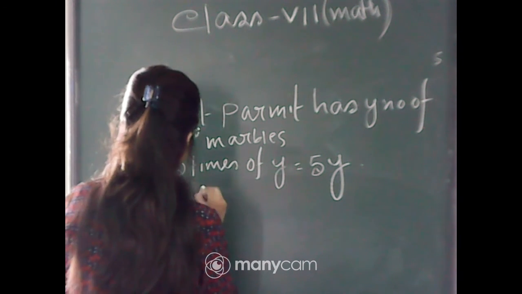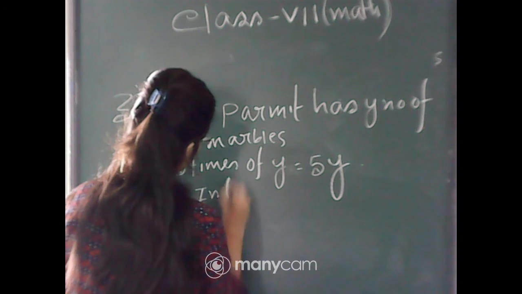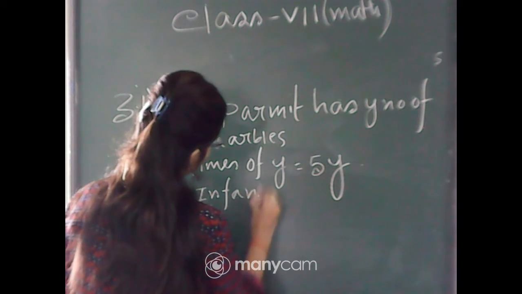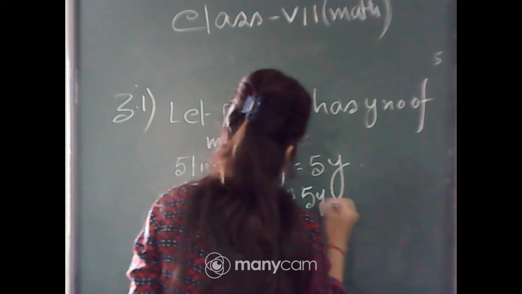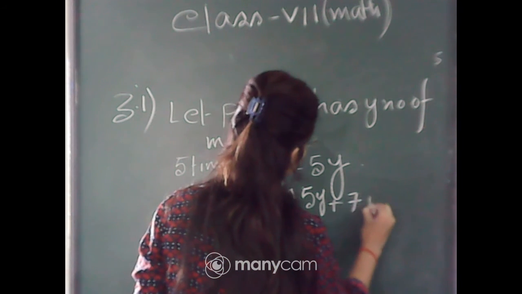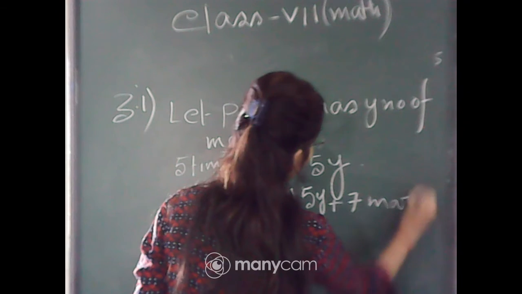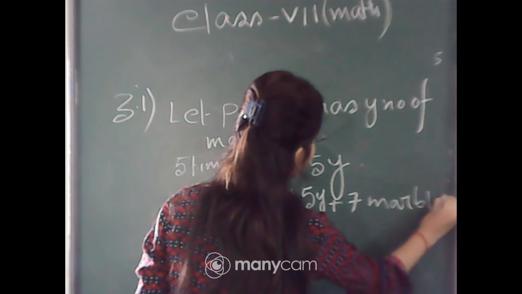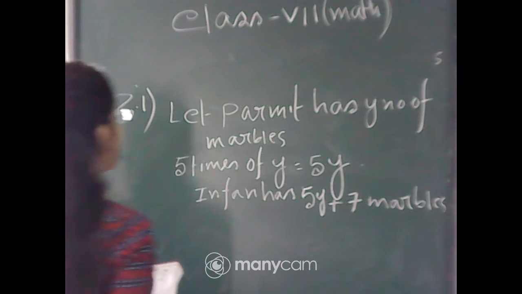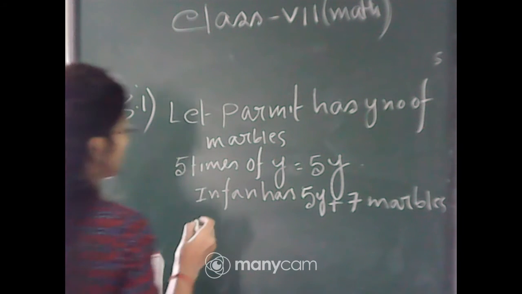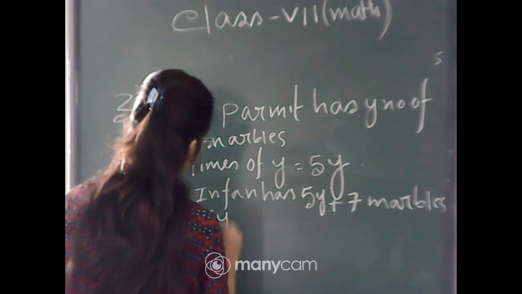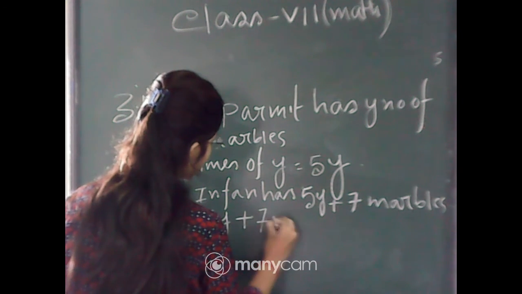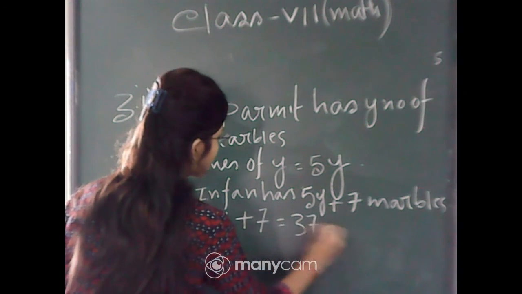Therefore Irfan has 5y plus 7 marbles. Also it is given that Irfan has 37 marbles. Therefore the required equation is 5y plus 7 is equal to 37, isn't it?